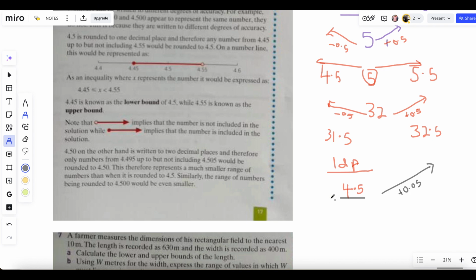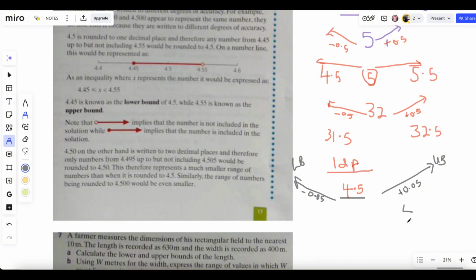For the lower bound, LB, and upper bound, UB, you subtract, you say minus 0.05 for one decimal place. So if we add 0.05 to 4.5, we get 4.55.